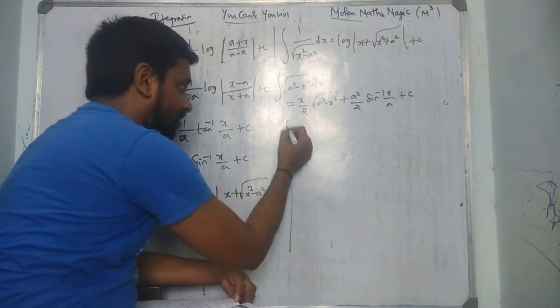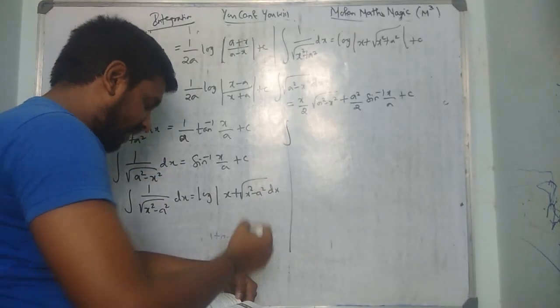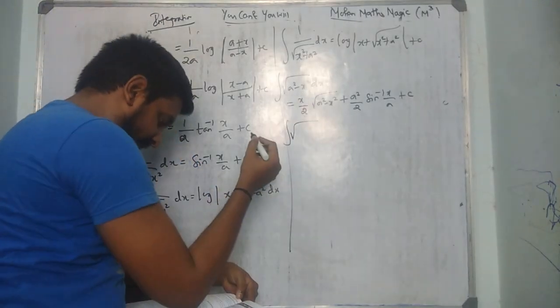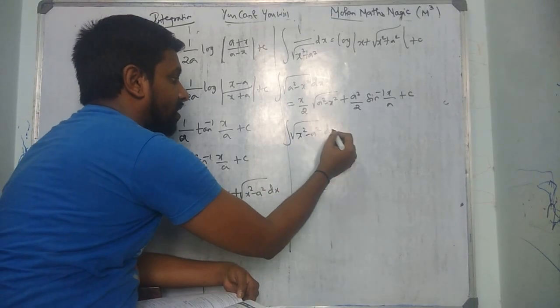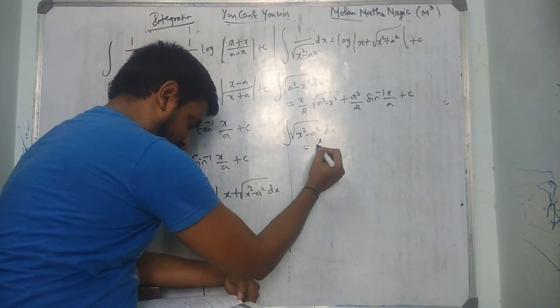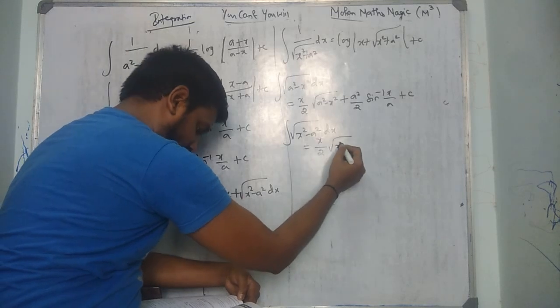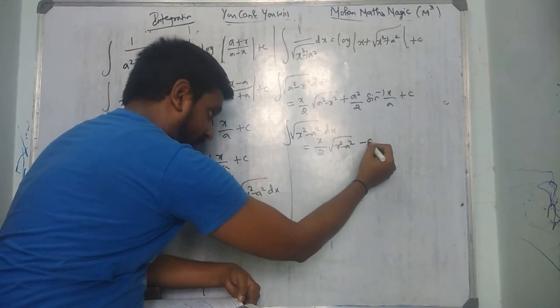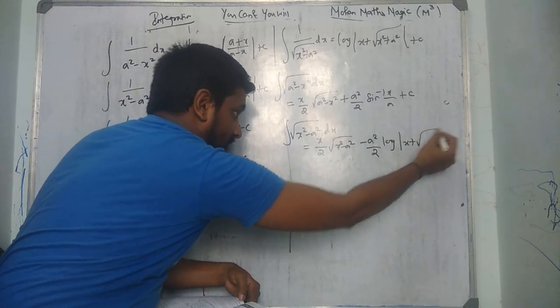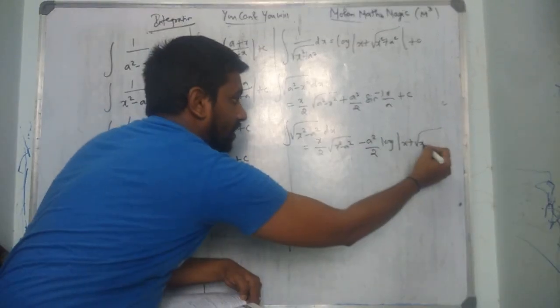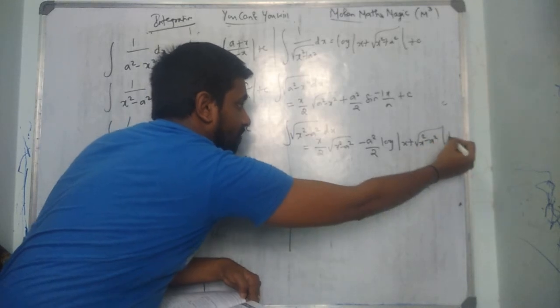Okay, so next one, the integral of the square root of a square minus x square. The next one will be the integral of the square root of x square minus a square, which is equal to x upon 2 square root over x square minus a square, minus a square upon 2 log of modulus x plus root of x square minus a square, plus c.